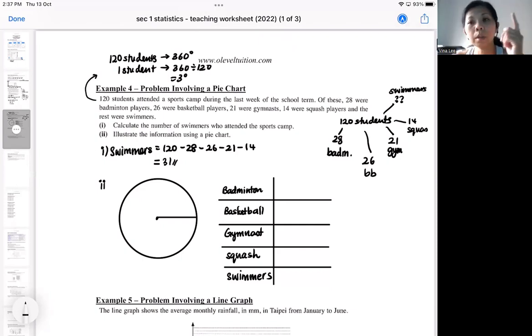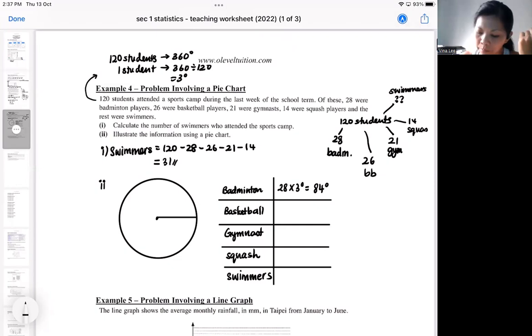So you think this way. That means one student will carry an angle of 3 degrees. So in badminton, we got 28 students, 28 times 3 degrees. So that will be 84 degrees.